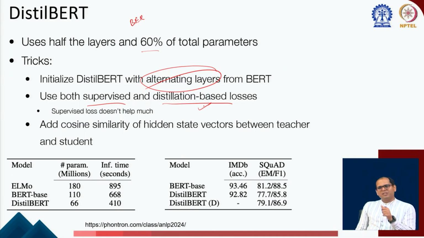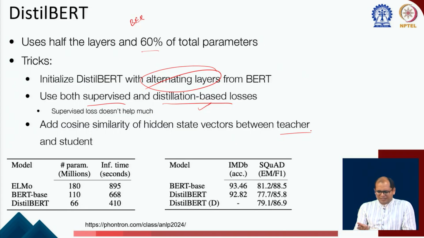One more thing that they added is that the hidden vectors that you are getting in this Distilbert should be very close to the embedding of the teacher. So the teacher and student hidden vectors should be very close. This is another loss they were adding: the representation you are learning should be very similar to the teacher model, and you should not diverge too much from that.